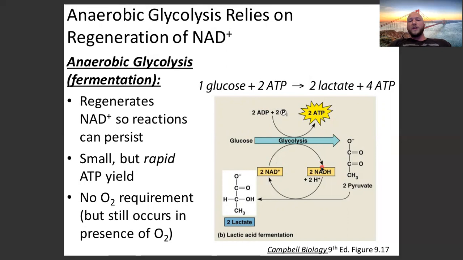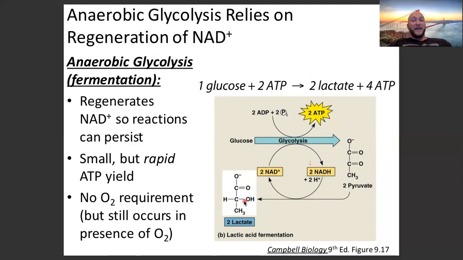Well, we just turned our NAD+ into NADH. So we need to turn our NADH back into NAD+ in order to allow more glycolysis to happen. So glycolysis happened, we have NADH, we have pyruvate. We need to turn NADH back into NAD+ in order to do more glycolysis. So we combine pyruvate and NADH, and we get lactate and NAD+.